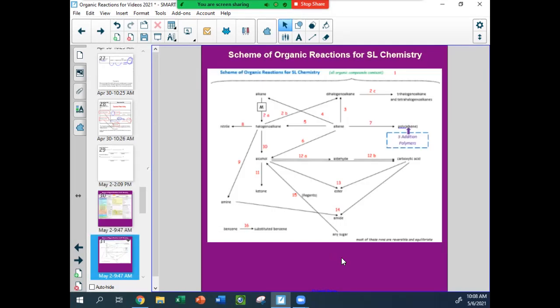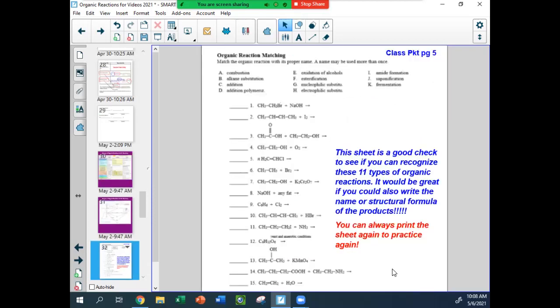On the back of this, I have the scheme. So you can carefully look to see what is made into what else. This sheet is on page 5 of your class packet, your organic reaction class packet. And it's just a good chance for you to tune your eyes.